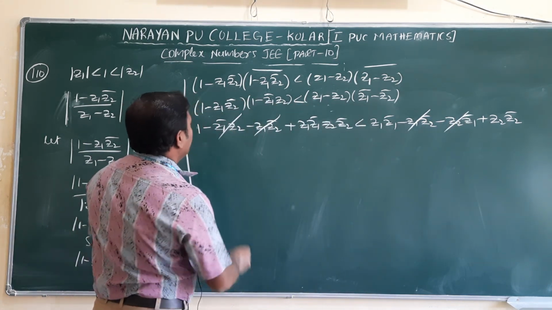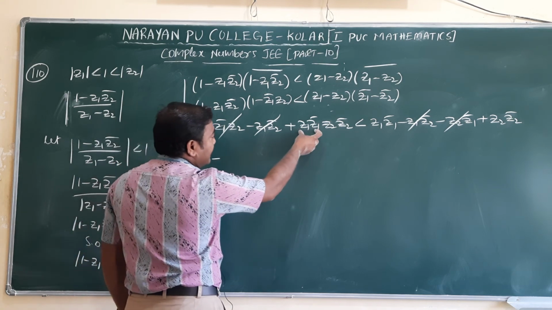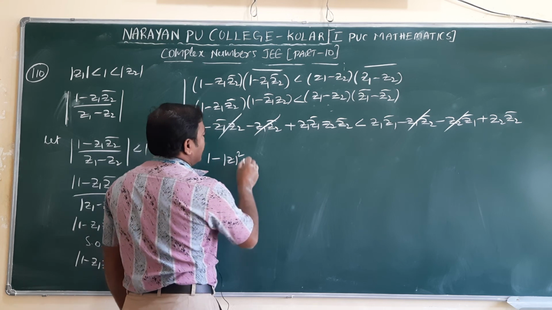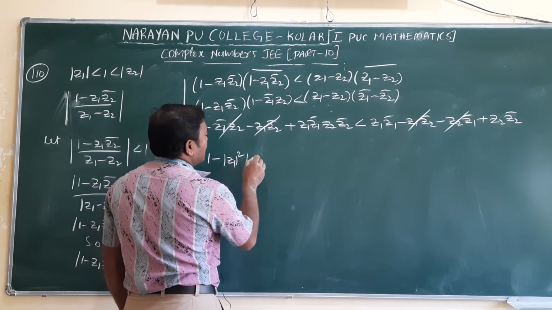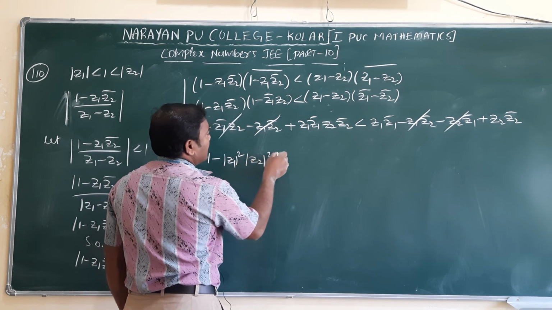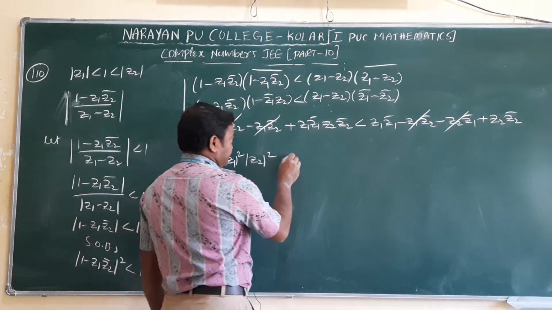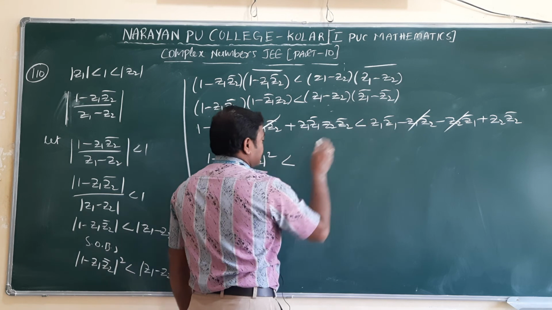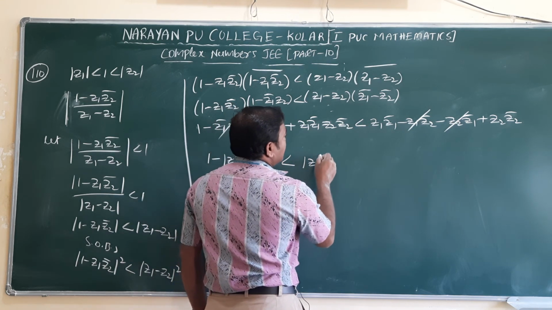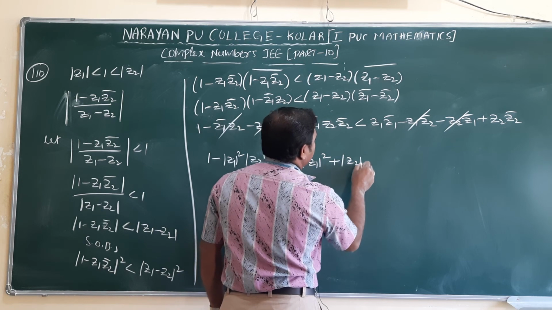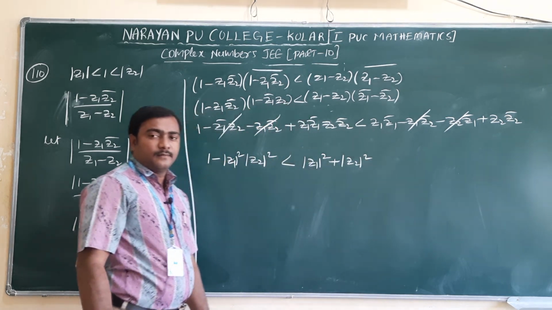So remaining 1 plus modulus of z1 square into modulus of z2 square. Already we know z into z bar value, modulus of z square is less than modulus of z1 square plus modulus of z2 square.